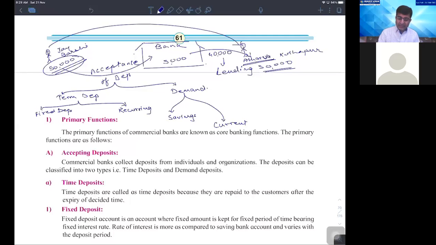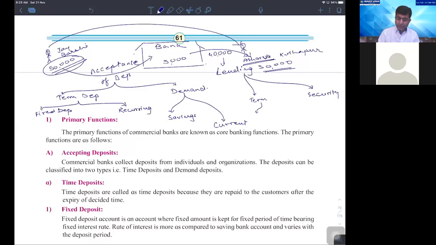Whereas in lending, the loans can be provided based on term. They can also be provided based on security. Generally, all the loans provided by the bank are secured loans, but there are certain personal loans which are absolutely unsecured.